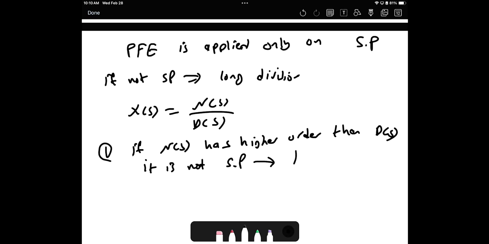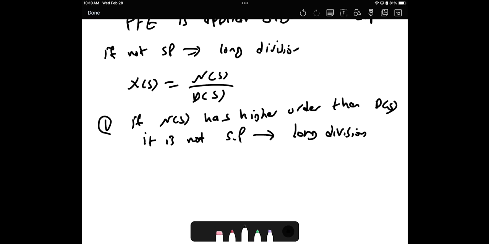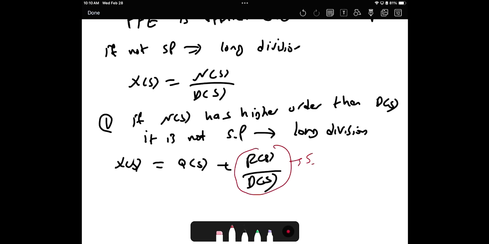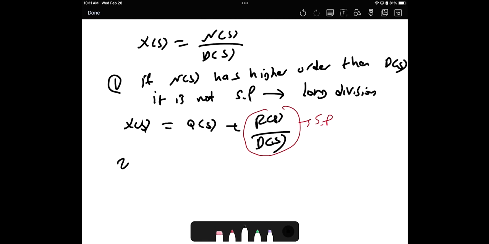So what we will do is long division. Then we will convert it to be strictly proper. The final answer X of s will be the quotient plus the remainder over the denominator. This one, of course, will be strictly proper. After that, I can apply the partial fraction. So that's the first thing.